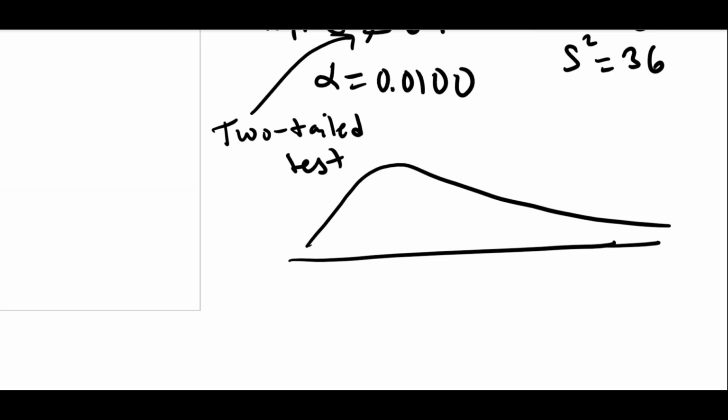All right, so now since we're doing a two-tailed test here, this means that we clearly have two criticals that we have to find, here and somewhere here. And we have two rejection regions.